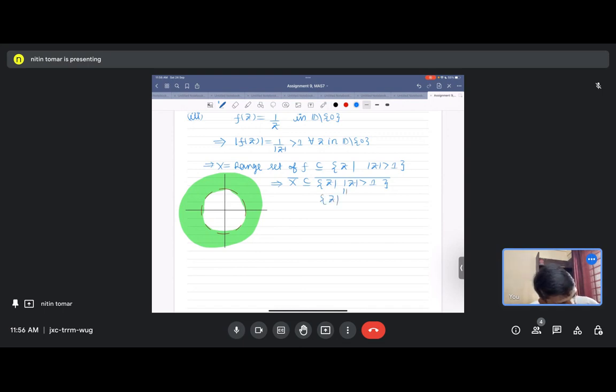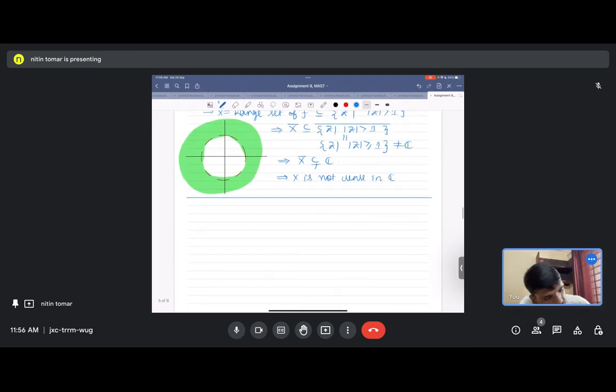Closure of this set is z such that mod z is greater than or equal to 1. And this is not C. So X bar is a strict subset of C. So therefore this is not dense. So this implies X is not dense in C.